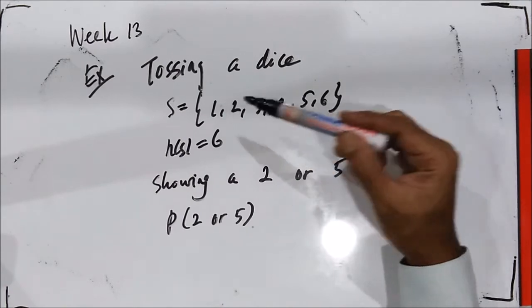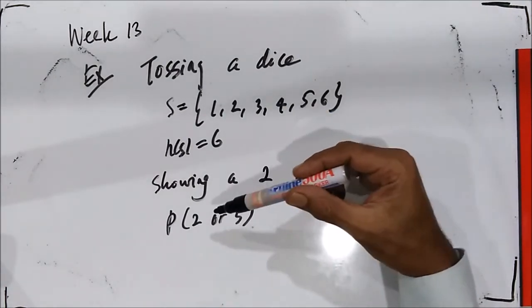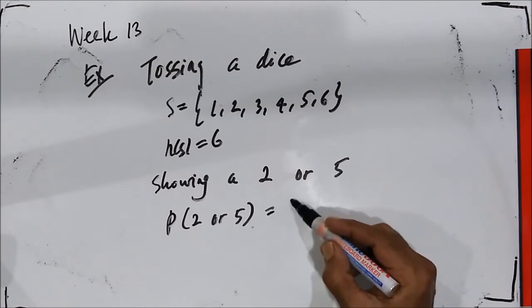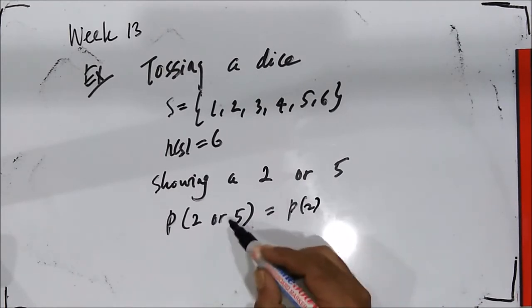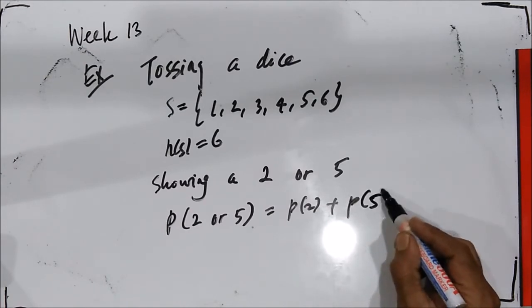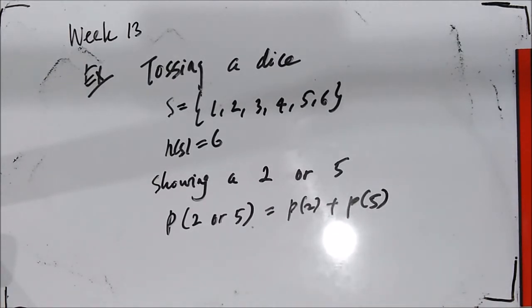If 1 occurs, 2 cannot occur. So to get 2 or 5, we can find the probability of 2, where 'or' means plus, the probability of 5. 2 or 5 cannot occur together.